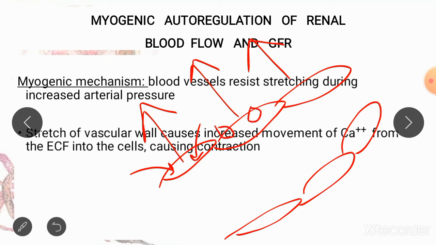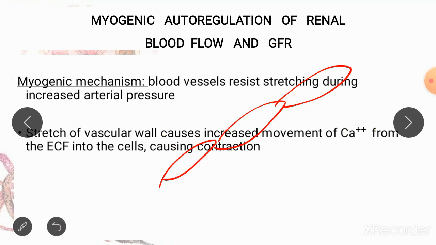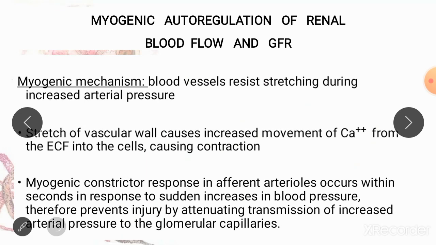Whenever these smooth muscle cells are stretched, the calcium channels open up and calcium enters into the cells, and this calcium causes contraction. So whenever the renal artery is stretched because of high blood pressure, as a response it is going to contract because of entry of calcium within the smooth muscle cells. This is known as the myogenic reflex.